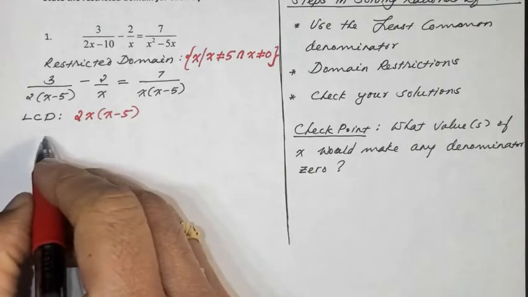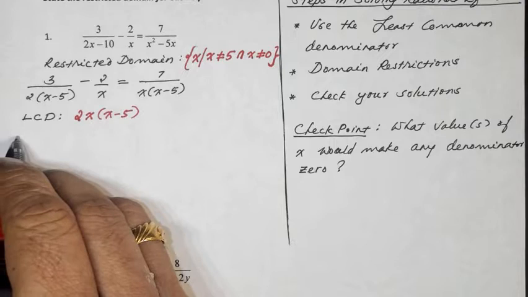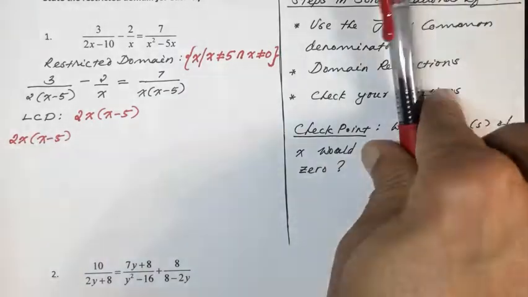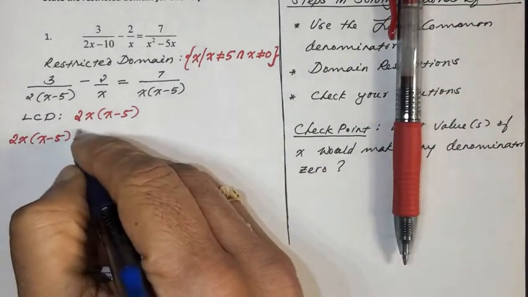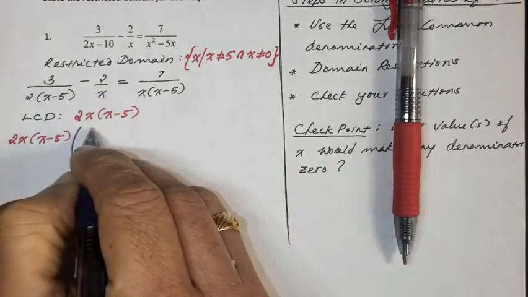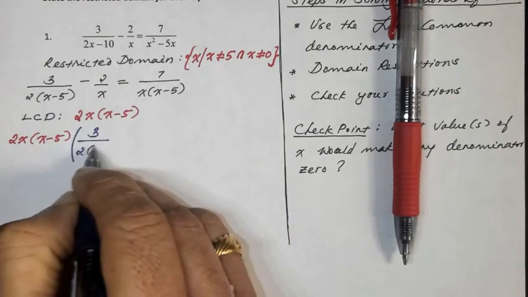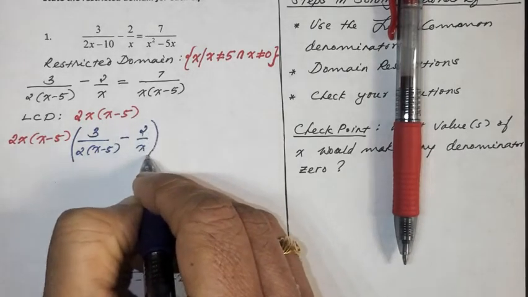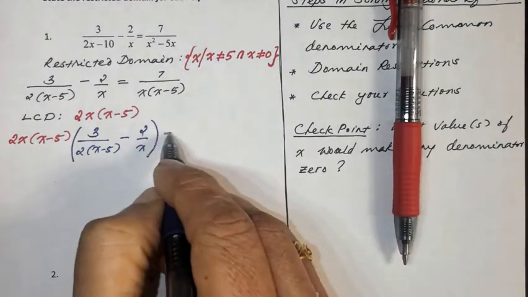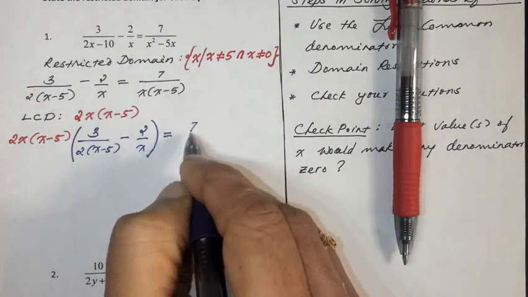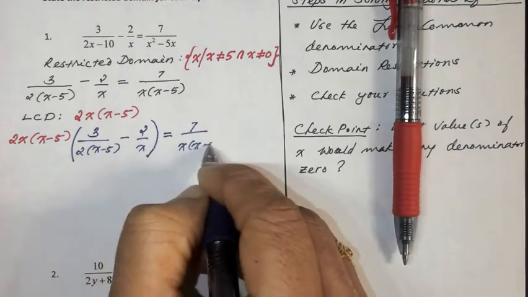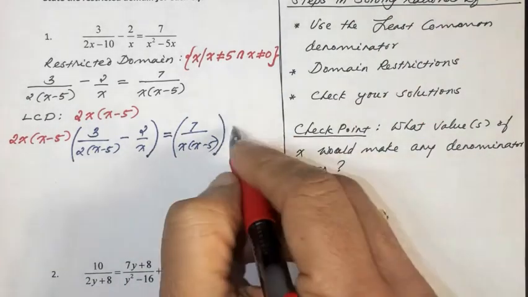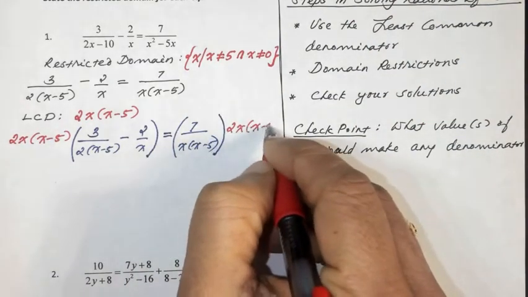So we'll be multiplying 2x times x minus 5 with 3 over 2 times x minus 5 minus 2 over x, equal to 7 over x times x minus 5, and that is again multiplied by the least common denominator, which is 2x times x minus 5.